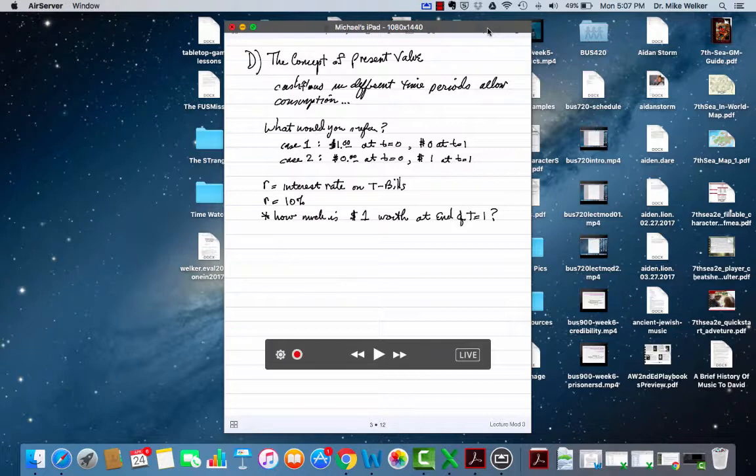So the way that you figure out case number 1 is to take your dollar, and in the calculation, we've got to grow it by that rate of interest.